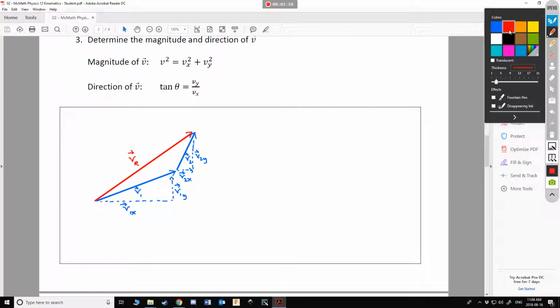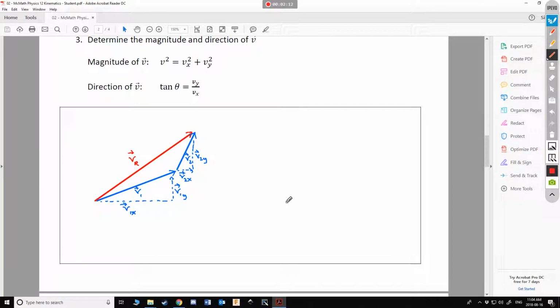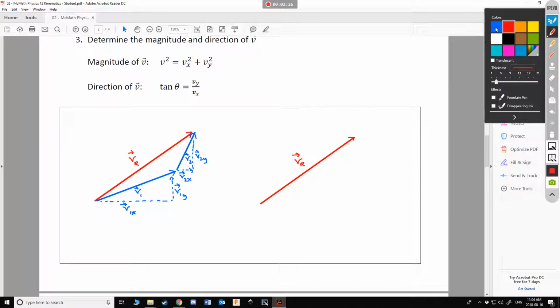So I can see then, if I draw this VR again, here's VR. Well, we can see that if I just take the x components, there's v1x and v2x. This length here, the x component of VR, is simply the addition of v1x plus v2x.